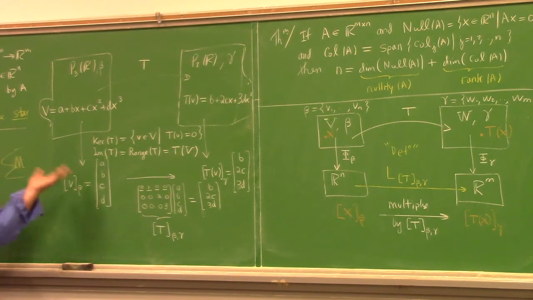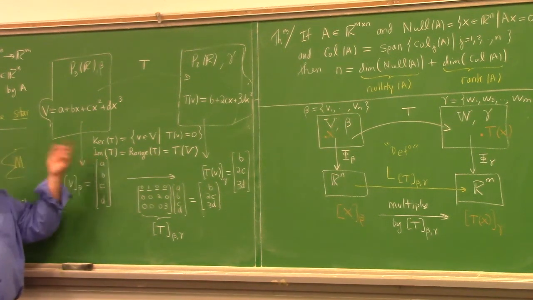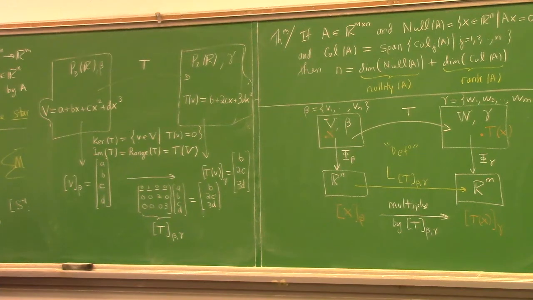And so the mapping is onto if and only if the image is the whole of W, right? And there's still a rank nullity theorem. The rank nullity theorem, in this case, says that the dimension of the kernel of T plus the dimension of the image of T has to be equal to the dimension of V.